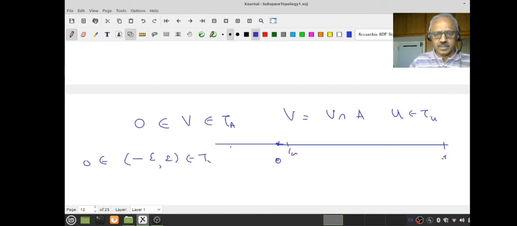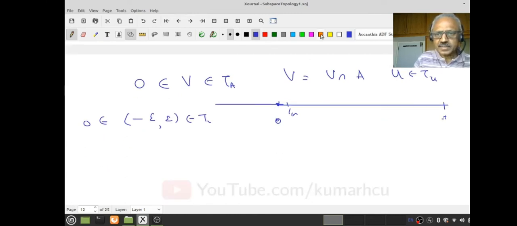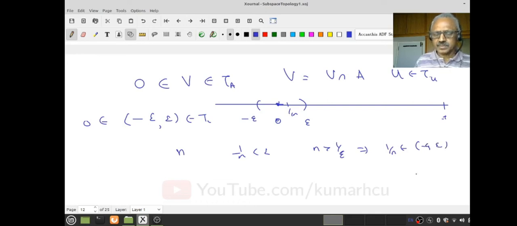So if I intersect that, whenever 1 by n is less than epsilon, that means n is greater than 1 by epsilon, this implies 1 by n lies in minus epsilon to plus epsilon.